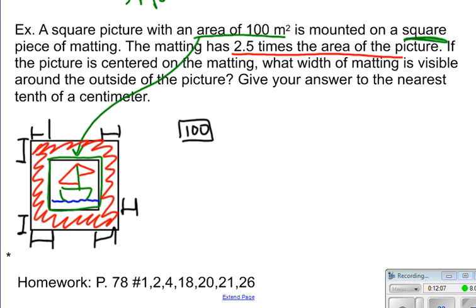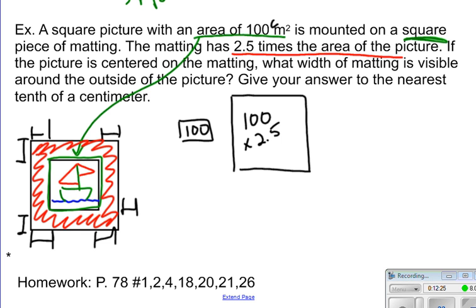Let me go centimeters, because that seems more realistic. And we're saying that the entire matting has an area that is 2.5 times the picture. So picture times 2.5. So 2,500 centimeters squared area. Okay, that's the matting.